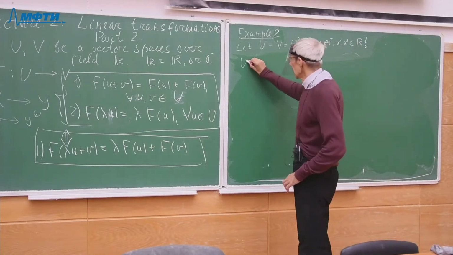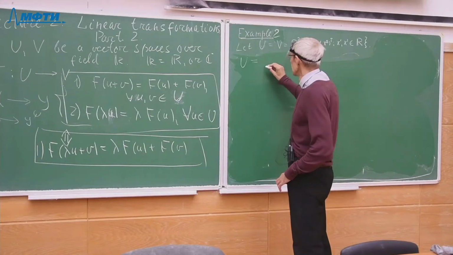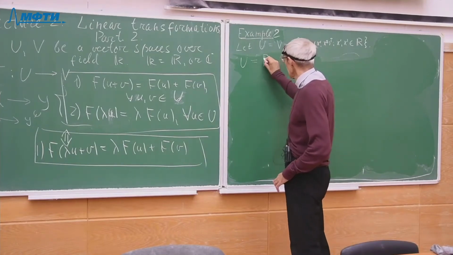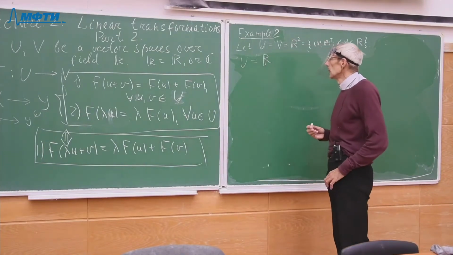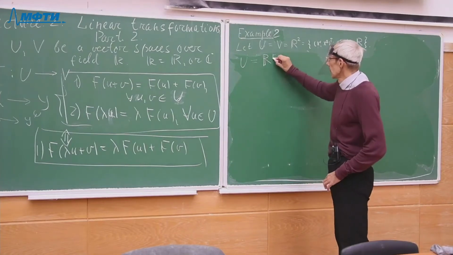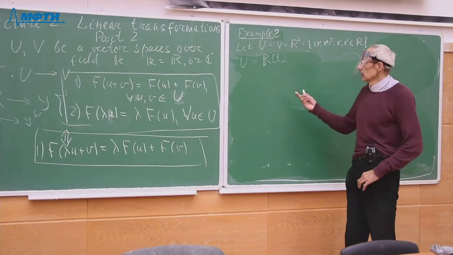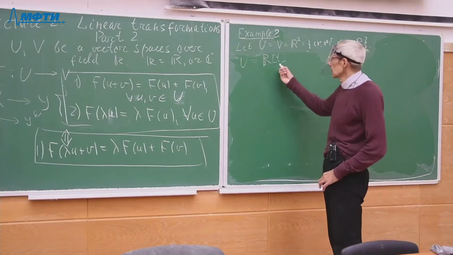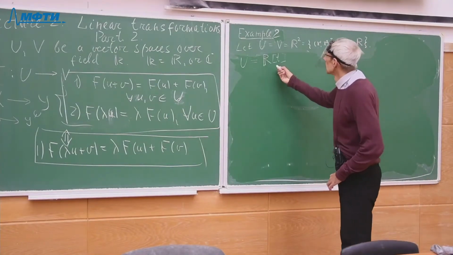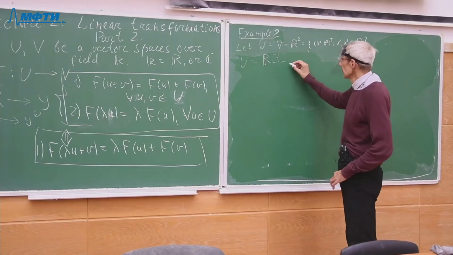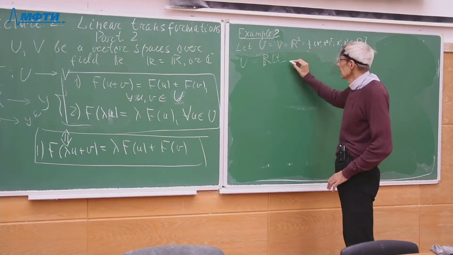And let U be polynomials in the variable t which can have degree less or equal to, for example, 2.